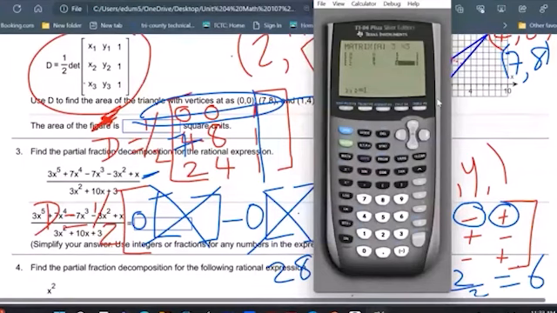That is 0, 0, 1, 7, 8, 1, 2, 4, 1. Now I will do second, then go back to matrix again. I'll go to matrix, second matrix, and then I want to do matrix math. And in matrix math, I have determinant as number 1.